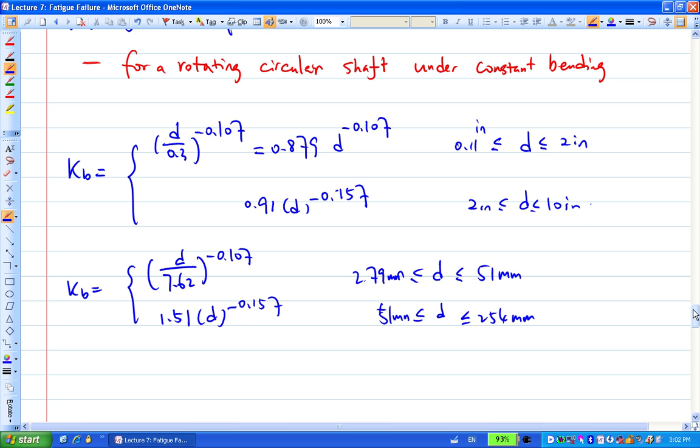Okay, so this is the standard unit. Sometimes the question is given in SI units, so then you have to use this second one to calculate the KB.